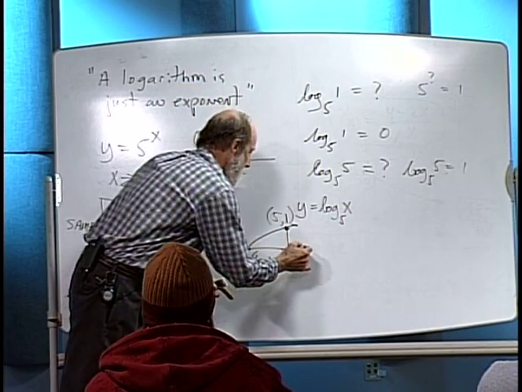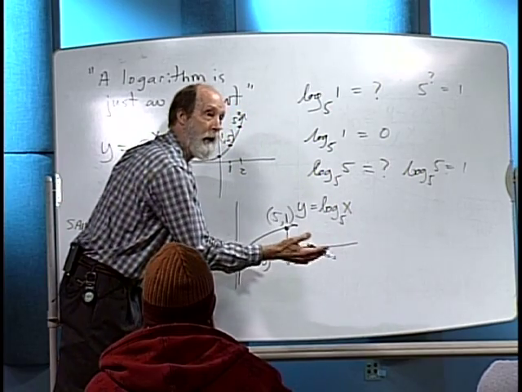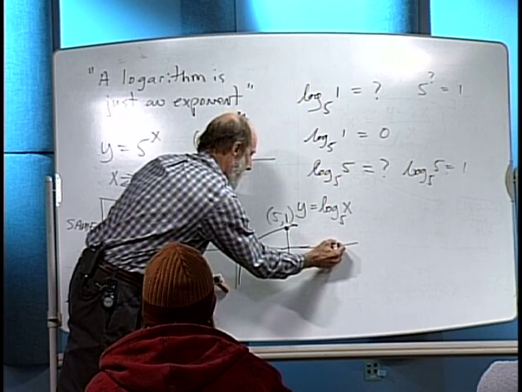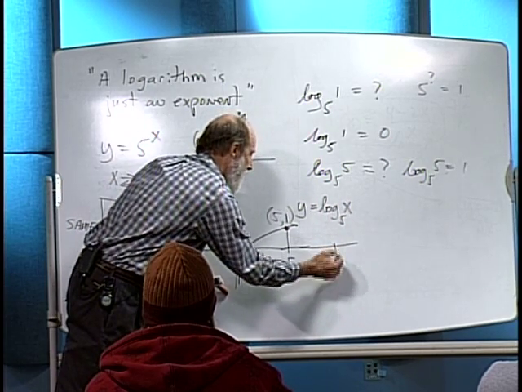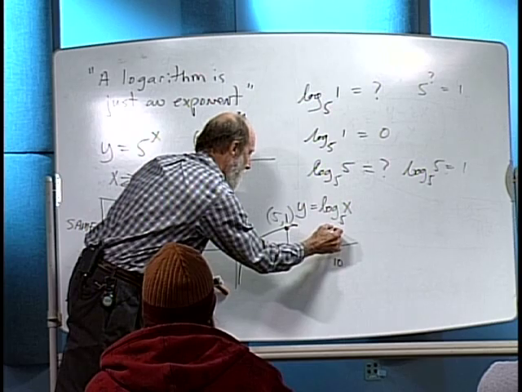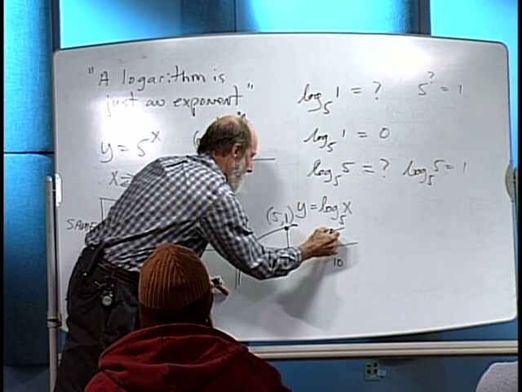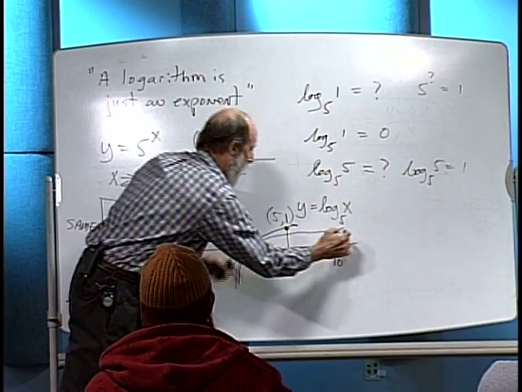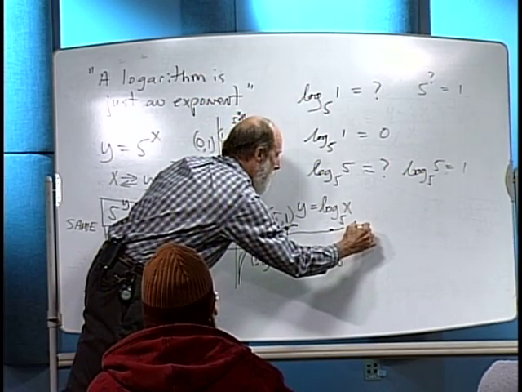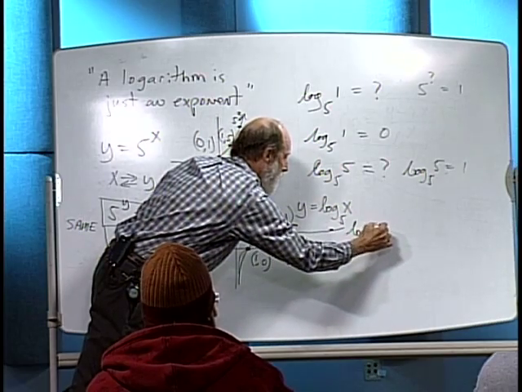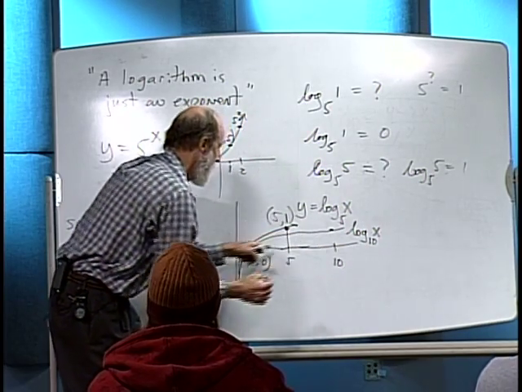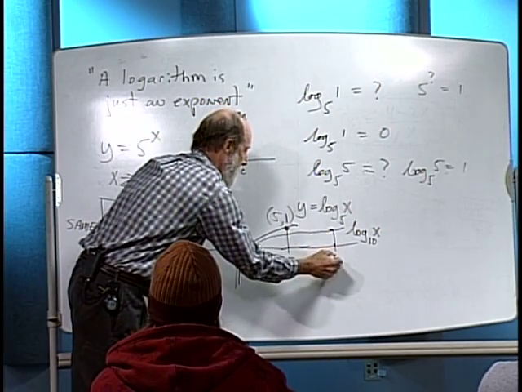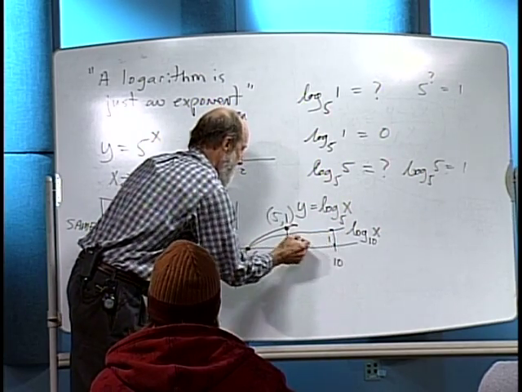So if I was dealing with a log base 10, which is called a common logarithm, and I'll give you more detail on that in a second, if I went out here to 10, I would be up at this same height 1 if I was on a log base 10 graph. This would be a log base 10 of x graph right there, and that would be up at 1. So again, it'd be out here at 10, I'd be up at a value of 1.